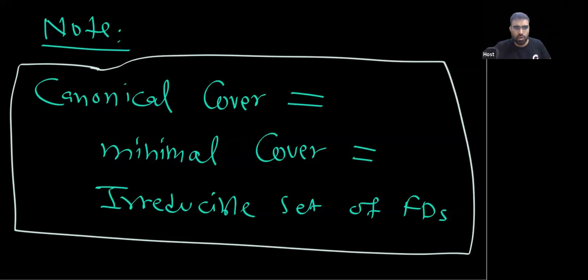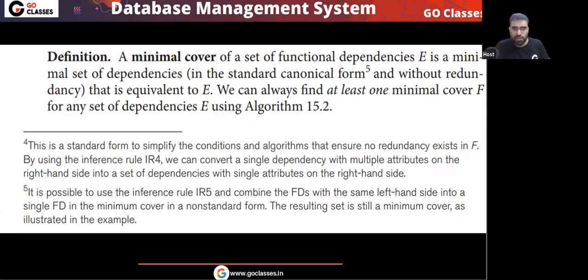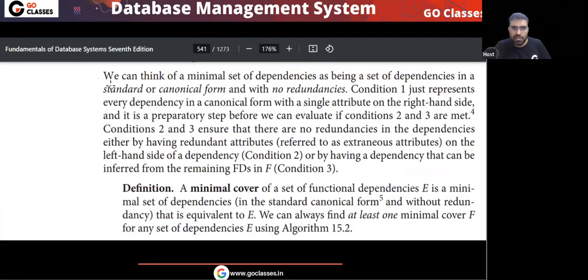Let me know. So don't waste your time on some nonsense questions. I told you everything. Every point I have already told you. You can see this is given in Navathe. This is a screenshot from Navathe. You can see canonical cover, minimal cover. Yes, they are the same. Yes or no? Canonical cover, minimal cover, all these things, they are the same.